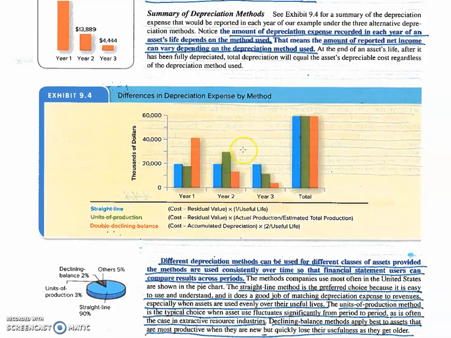When maintenance costs are going up, depreciation's going down. With straight line, depreciation stays the same, but maintenance costs go up. So the cost of operating the asset goes up over its life when we take into account depreciation plus repairs and maintenance.